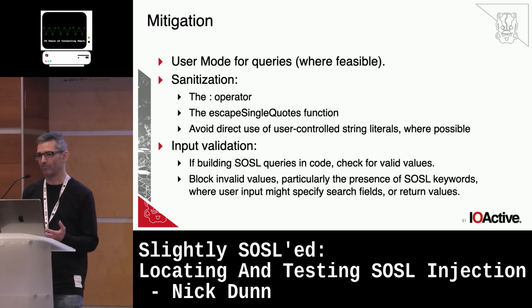Sometimes that might not be desirable, but for instance, if somebody wants to search the entire sales or has to look through all customer complaints, that might have to run in system mode, just because that's the only way for them to see all of those records created by other users. But yeah, user mode, wherever possible, massively reduces the risk of information disclosure.